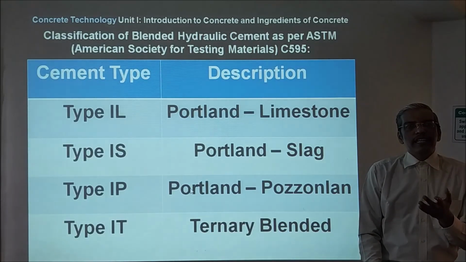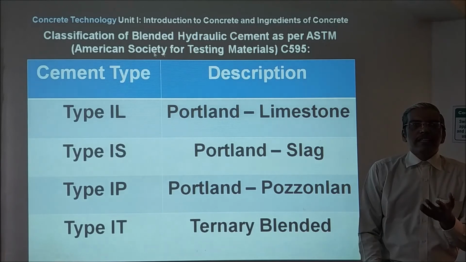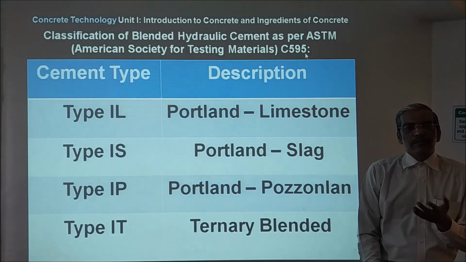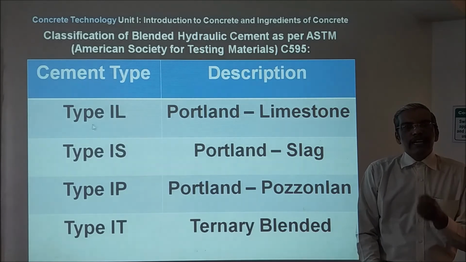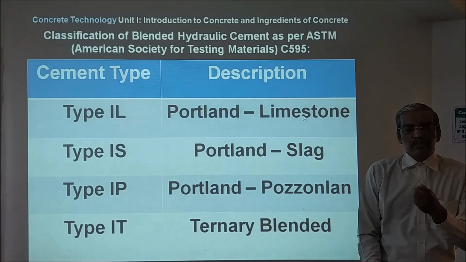Then next we will see the classification of blended hydraulic cement as per ASTM C595. First is the type 1L, that is Portland limestone.